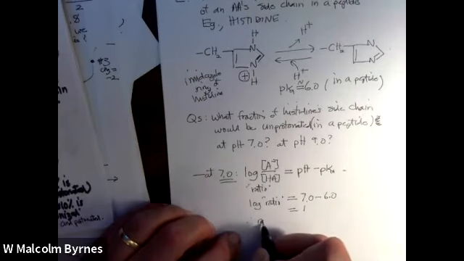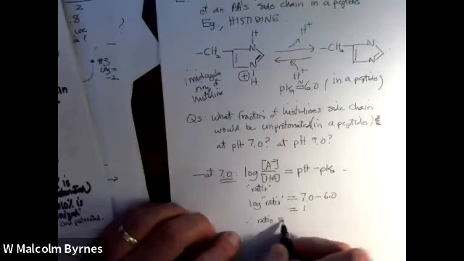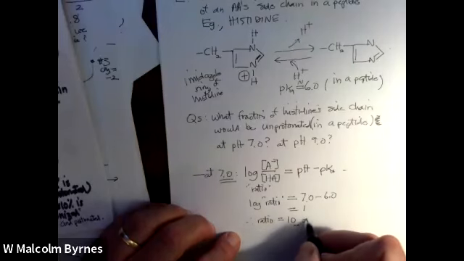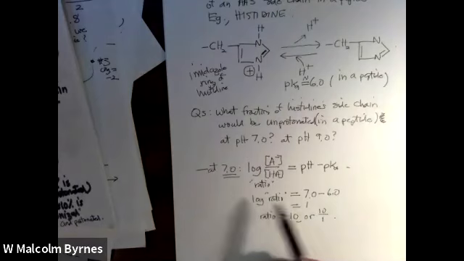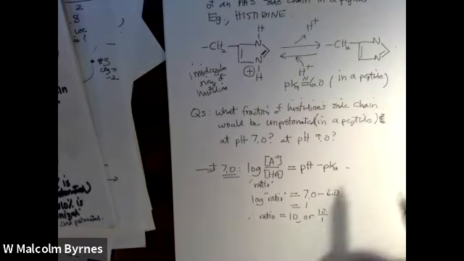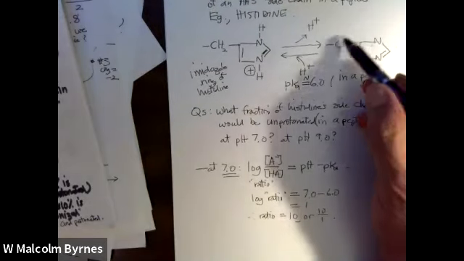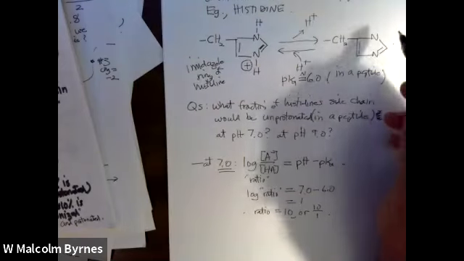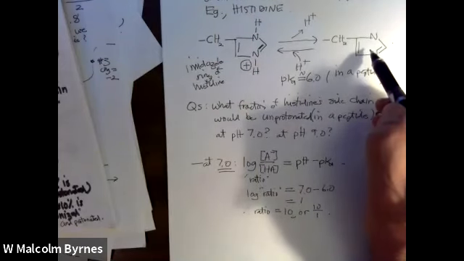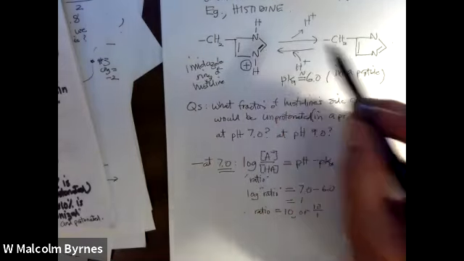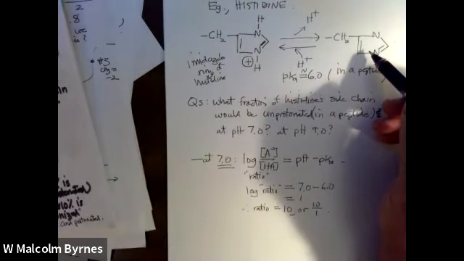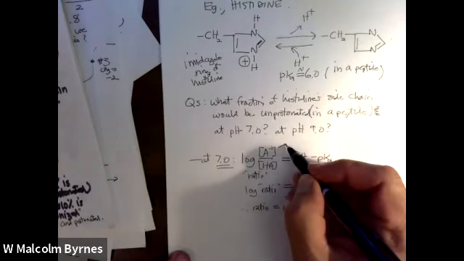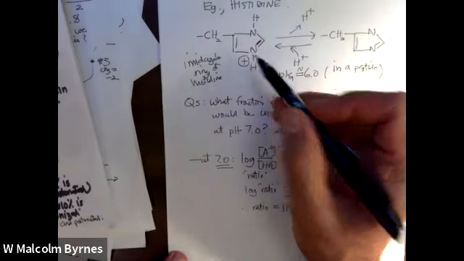Therefore, the ratio is equal to 10, or 10 over 1. So at pH 7, you have 10 times more of the side chain in its unprotonated form, A minus, compared to its protonated form, HA.